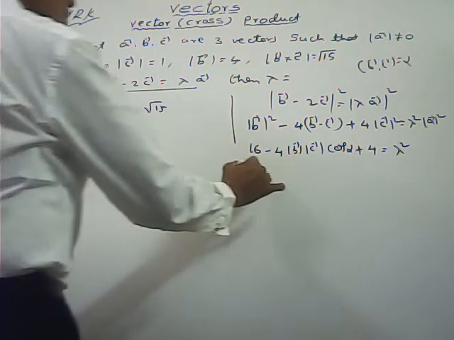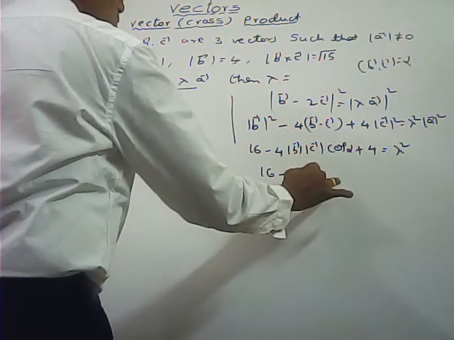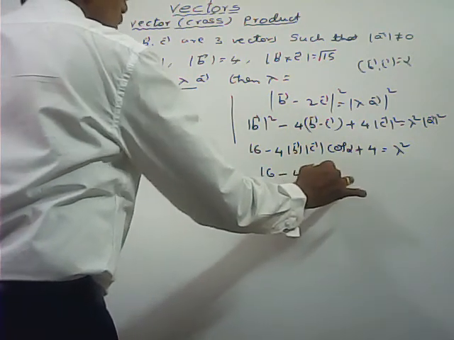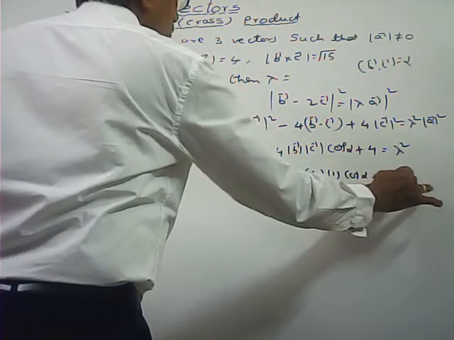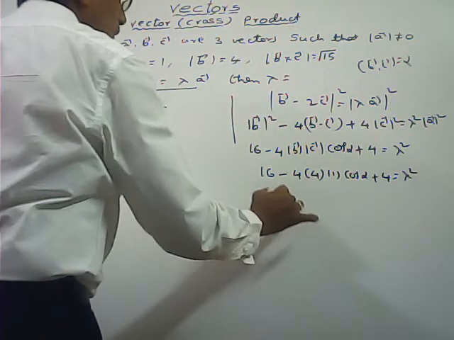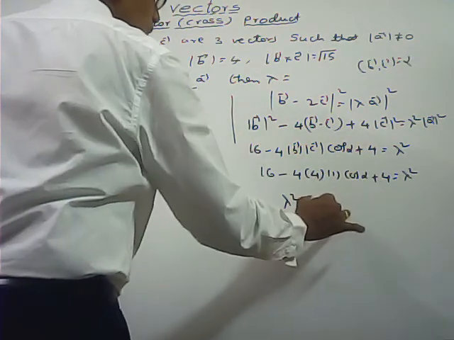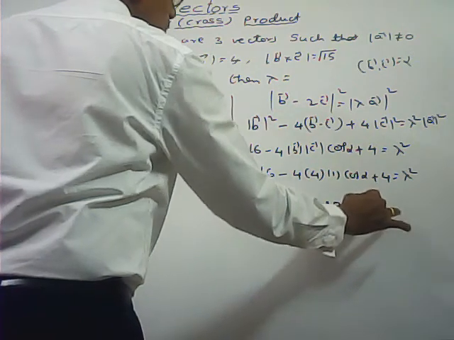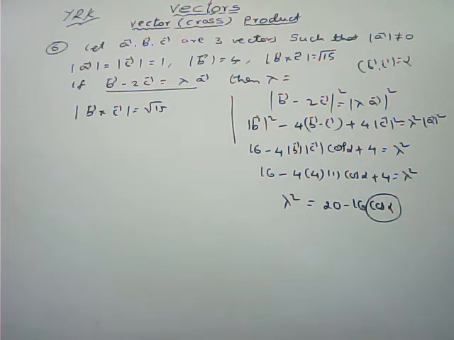So 16 minus 4 into 4 into 1 into cos alpha plus 4 equals lambda square. Here only we are getting the lambda value. 16 plus 4, 20, minus 16 cos alpha. So the lambda value depends upon cos alpha only.